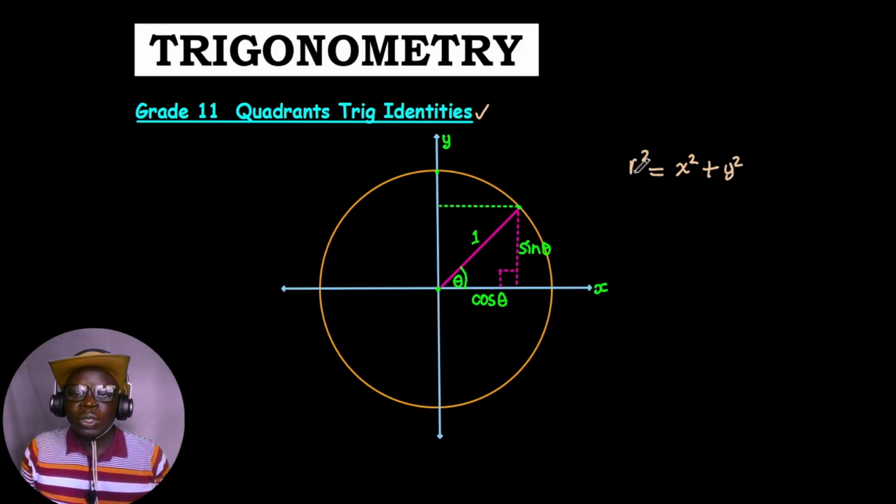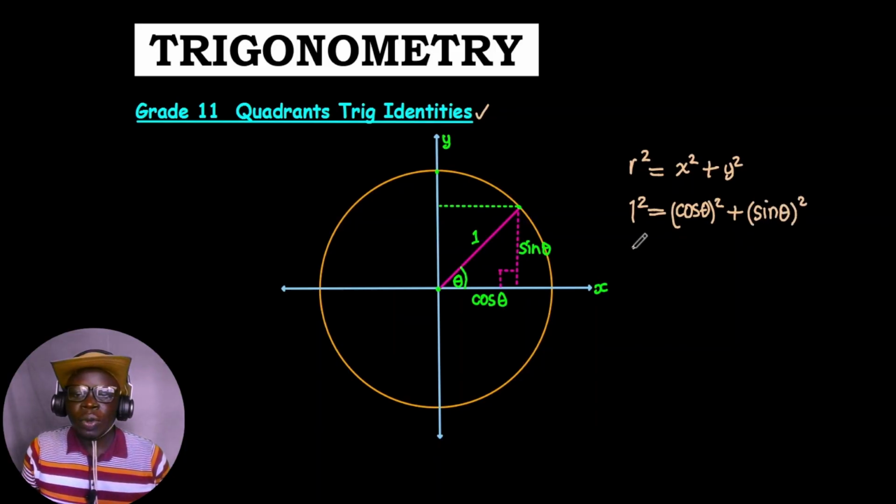We can make a substitution. Our r, according to this right angle triangle, is 1, and squared. Our x from this side is cos theta, and we also square it, cos theta squared, plus y, from here up to there, that is the opposite side, the height, which is sine theta. We also need to square it.